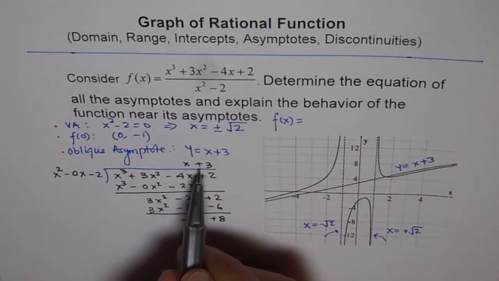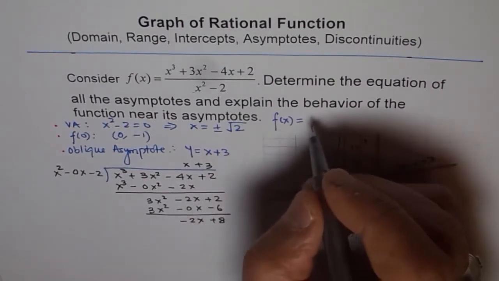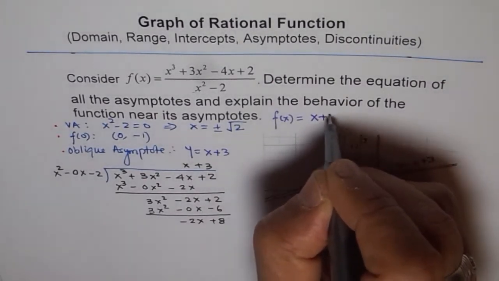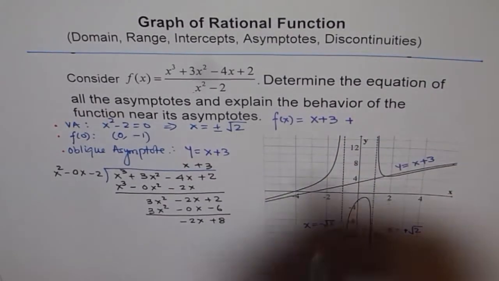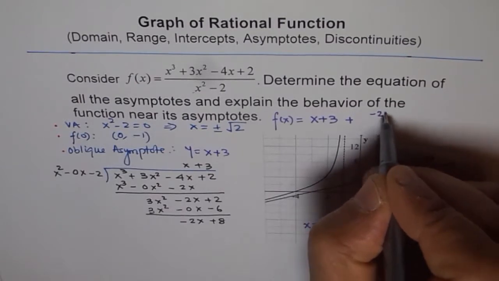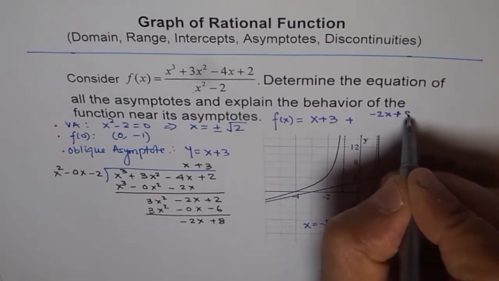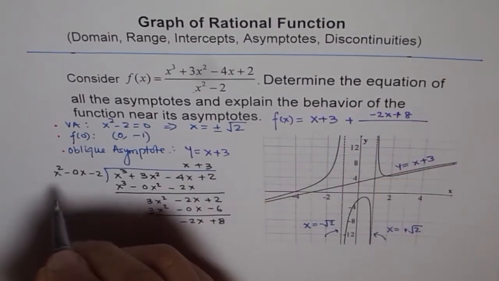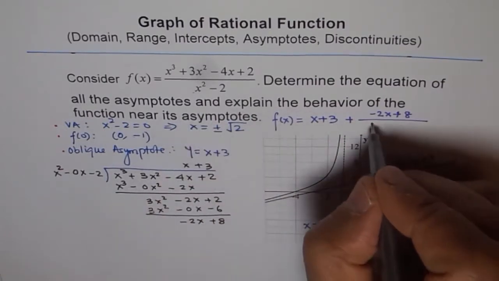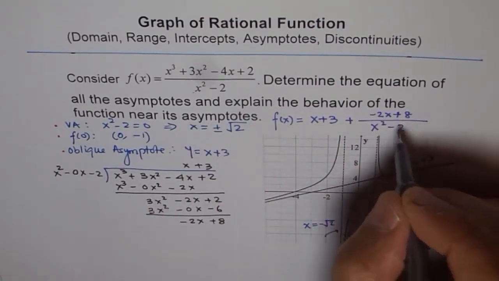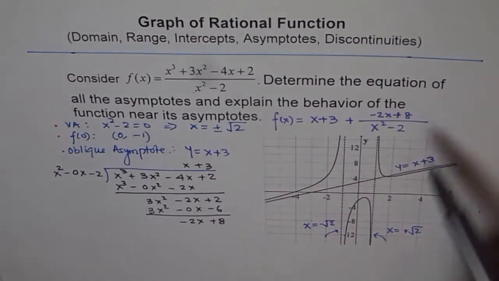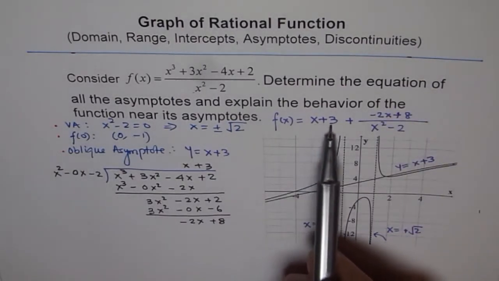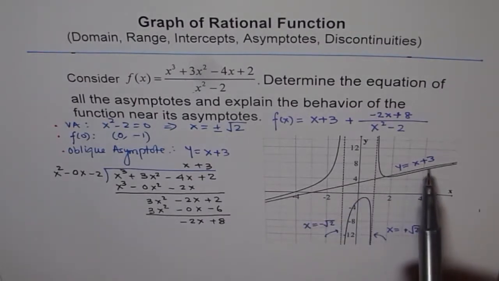Plus, we'll write the remainder as minus 2x plus 8 over x squared minus 2. So that becomes the remainder part, right? That is the oblique asymptote, x plus 3, which is represented by this line.